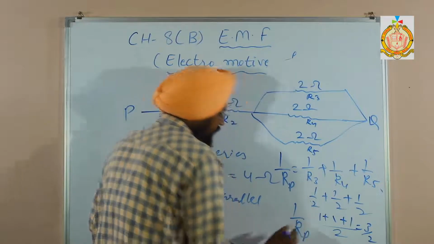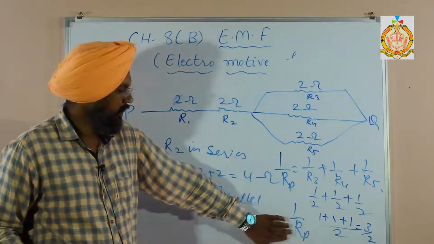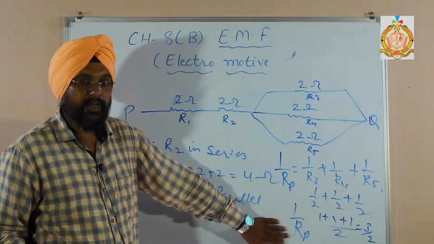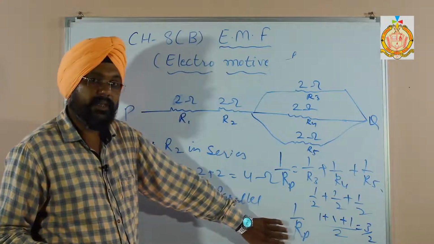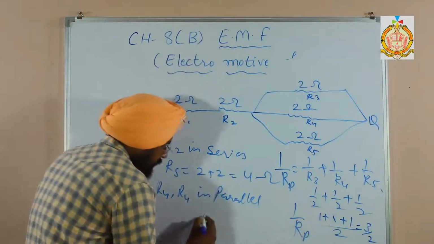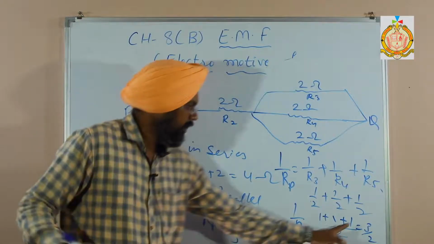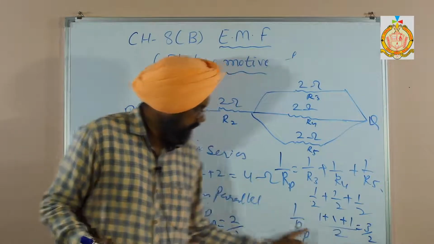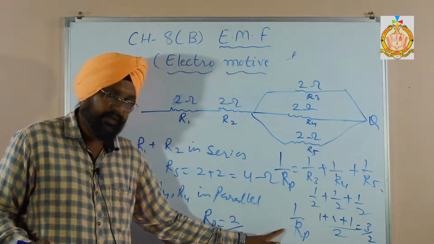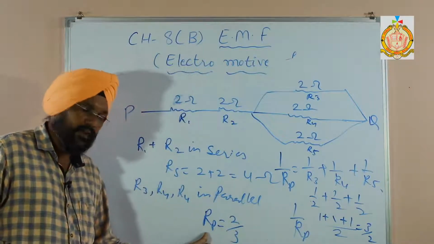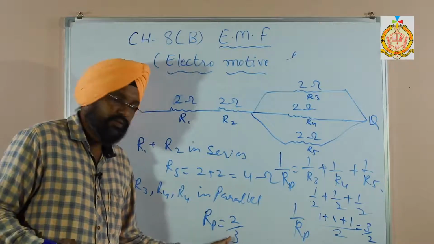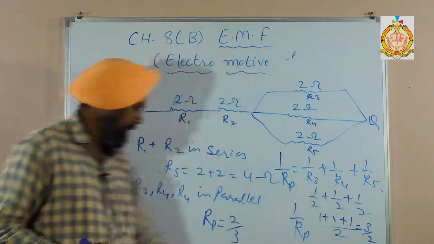Here students always make a mistake. After finding this, you have to take the reciprocal: R parallel is equal to 2 upon 3, not 3 upon 2. Firstly, this is 1 upon R parallel, so to find R parallel you take the reciprocal of that answer, 2 upon 3.